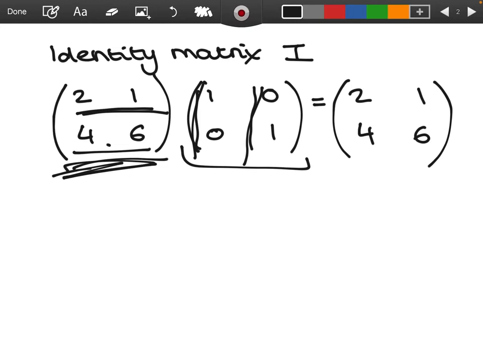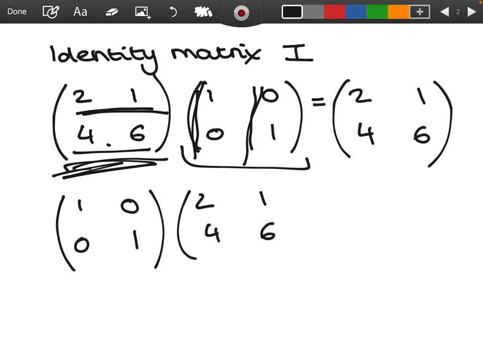The identity matrix just gives you the same matrix back whenever you multiply it by another matrix. It doesn't matter, apart from the size of the matrix, which side you would have multiplied this on. I could actually multiply it on either side and get the same thing, which isn't in general true when you multiply matrices, because you would be multiplying different rows and columns, so you're going to end up with a different answer if you flip this around.